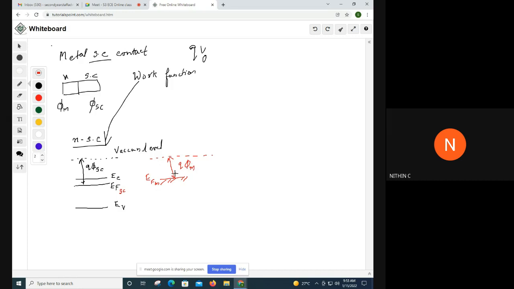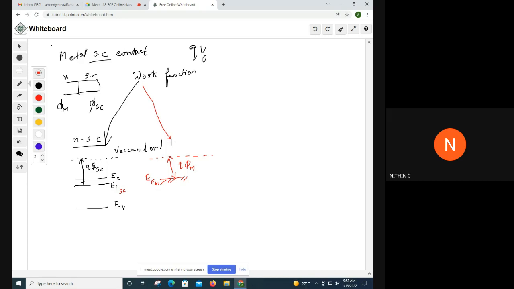In general, you can say the energy difference between the Fermi level and the vacuum level is called the work function. For a semiconductor, it is denoted as Q phi SC, and for a metal, it is denoted as Q phi m. Is that clear? This is what we call the work function. What is work function?